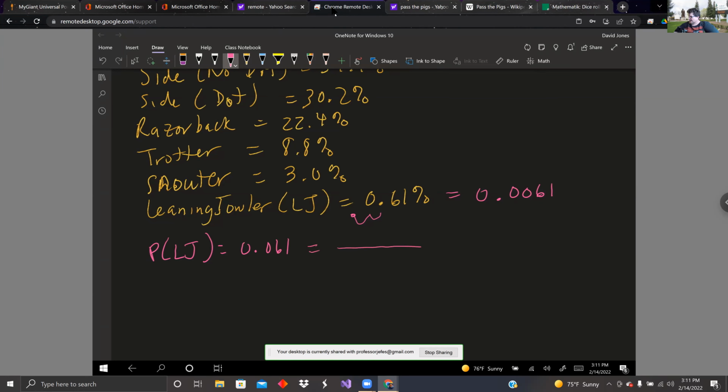And I know that has to equal, remember, probability is number of events over number in the sample, or the trials. I don't know the N of E, but I know the sample is 11,954. This is a little bit of an algebra problem.